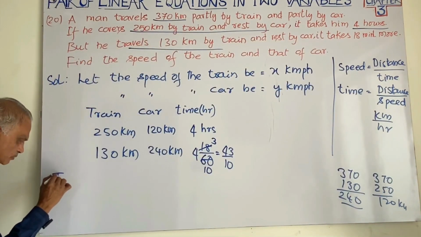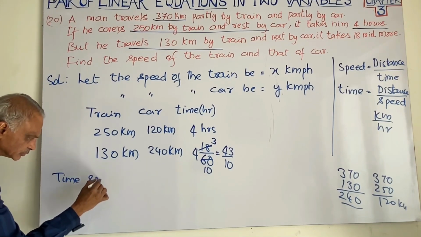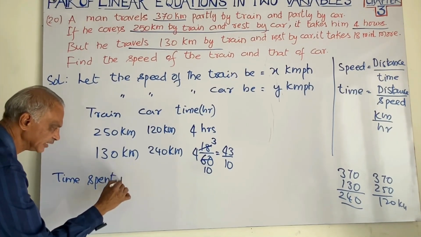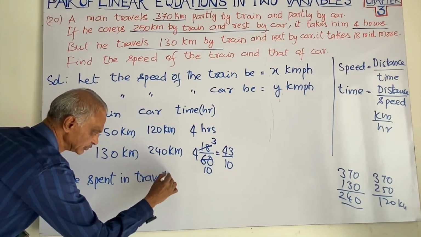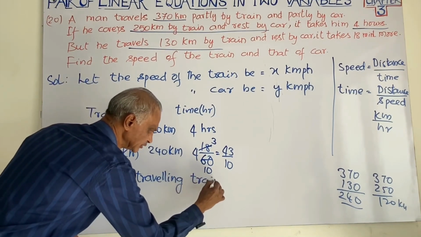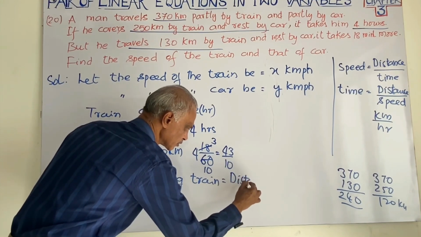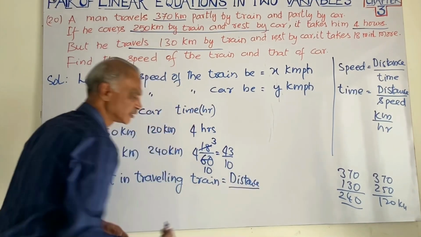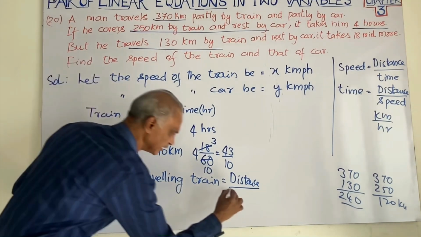Now you write time spent in traveling by car, and traveling by train. Distance by time we have to find out. We have to find time, distance by speed.